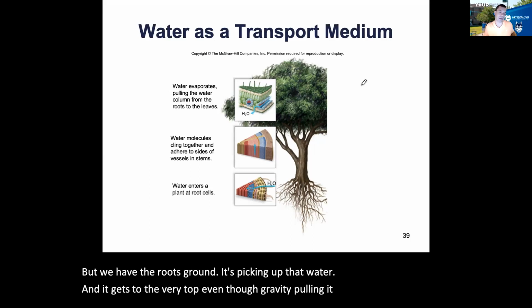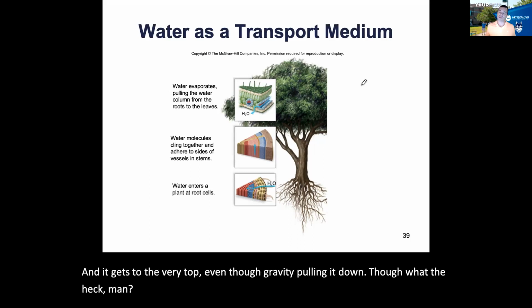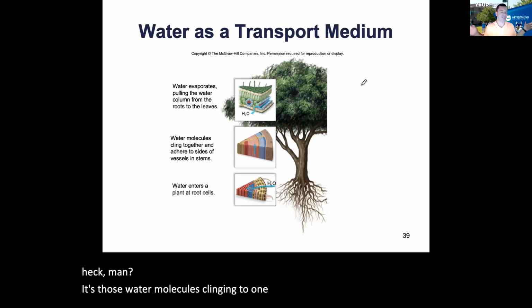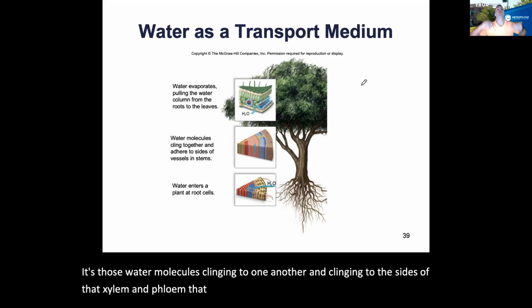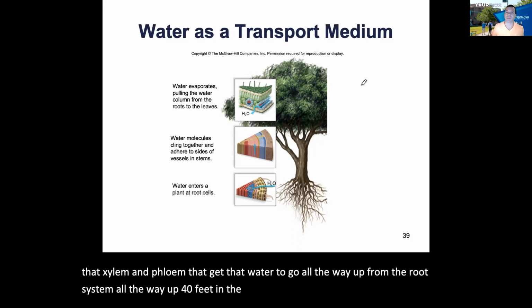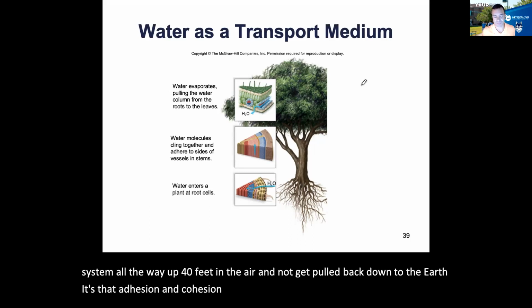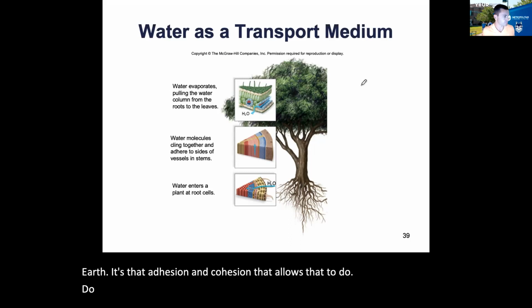It's those water molecules clinging to one another and clinging to the sides of the xylem and phloem that get that water all the way up from the root system 40 feet in the air and not get pulled back down to the earth. It's that adhesion and cohesion that allows that. That's why trees can get big.